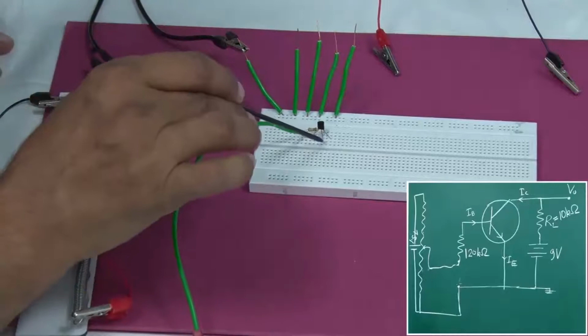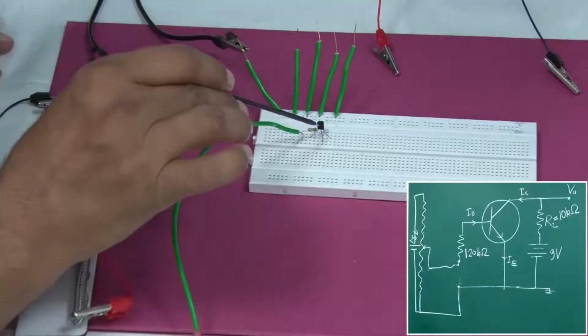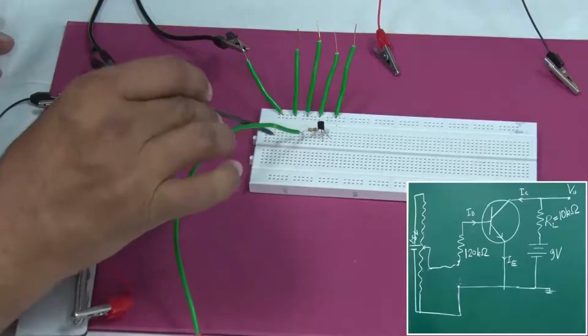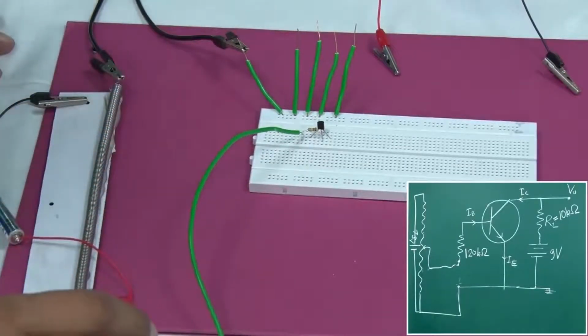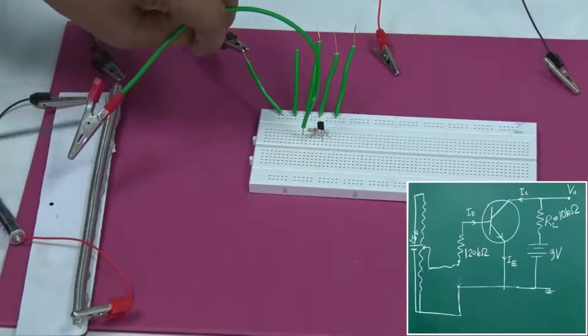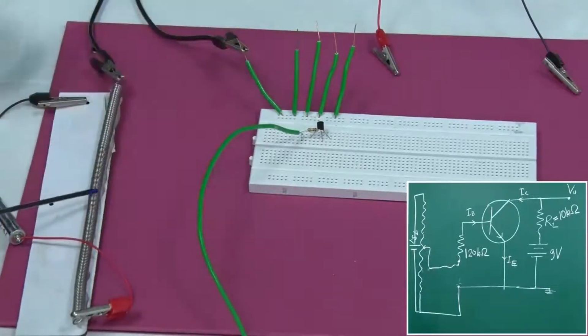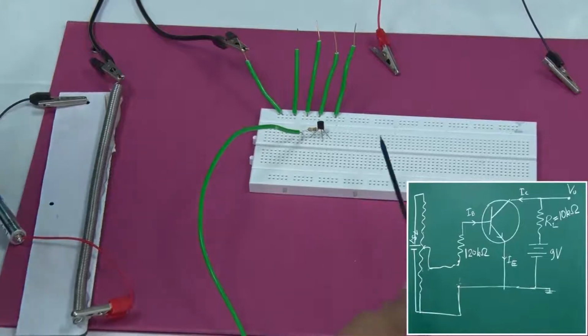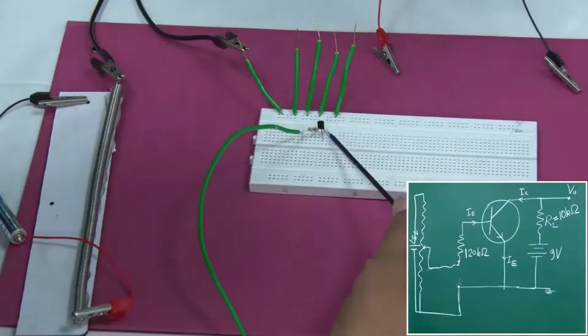I have the base. From the base I have added 120 kilo ohm of resistance. From there I have added this variable point, which I will be connecting somewhere, and then this will be our input voltage. Okay. Now, the emitter has to be connected to the ground. Where is the emitter? This one is the emitter.